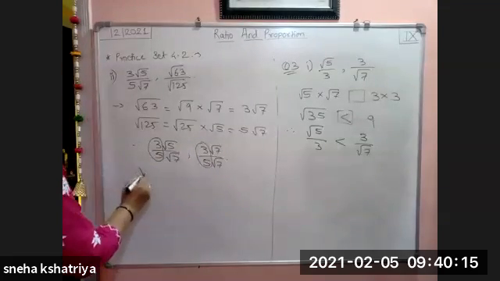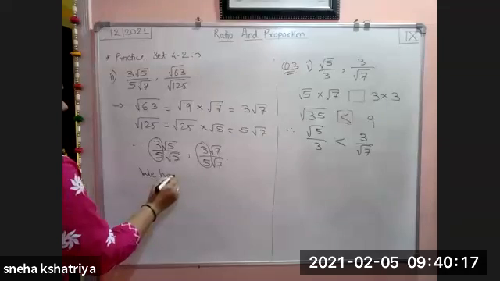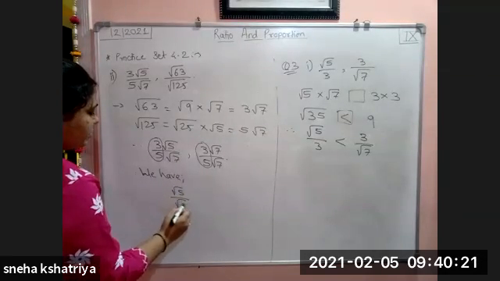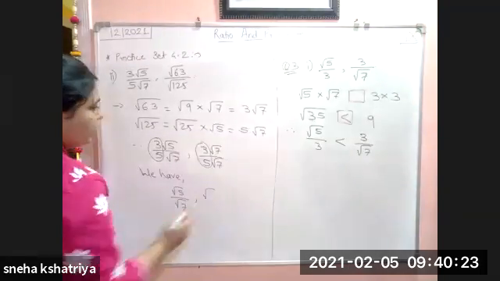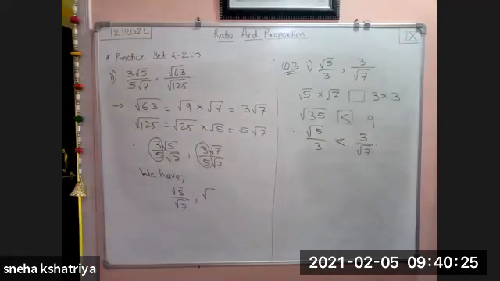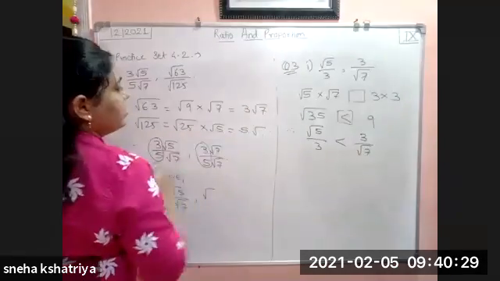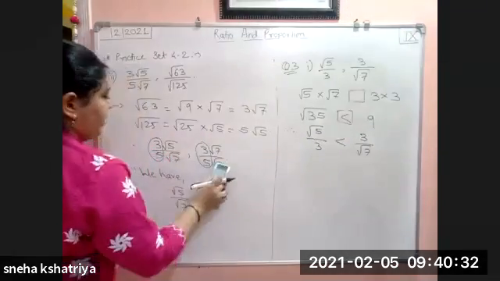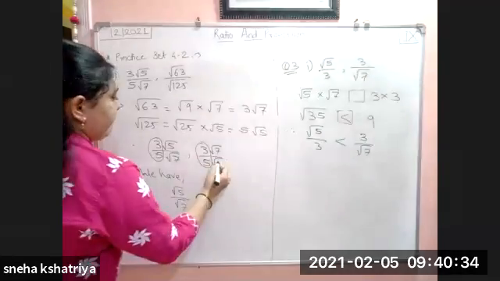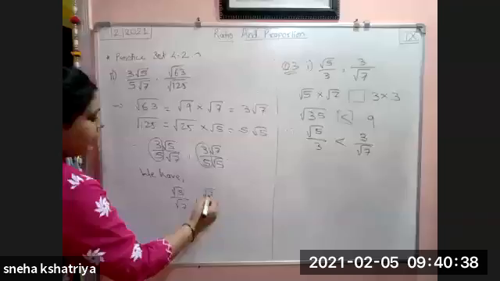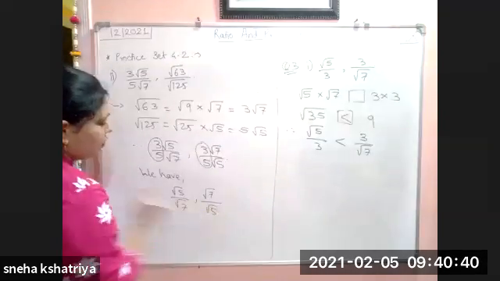So what we have is root 5 divided by root 7, and here root 7 divided by root 5.